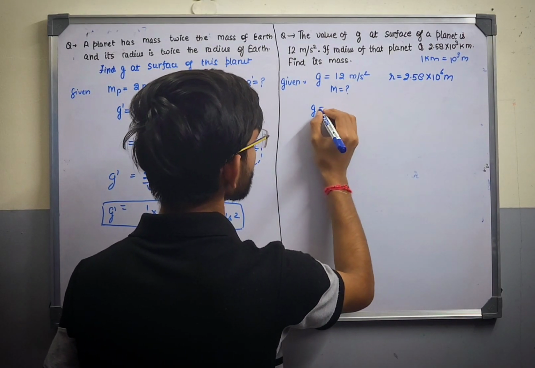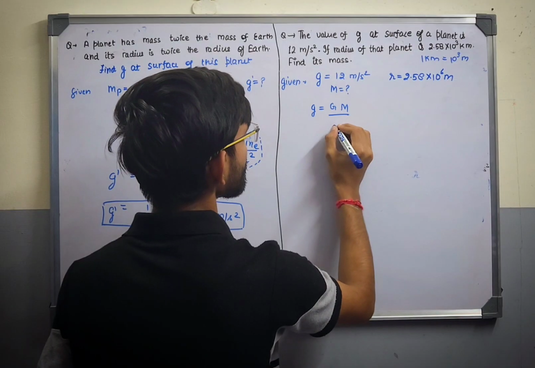I can write g equal to G m upon r square.